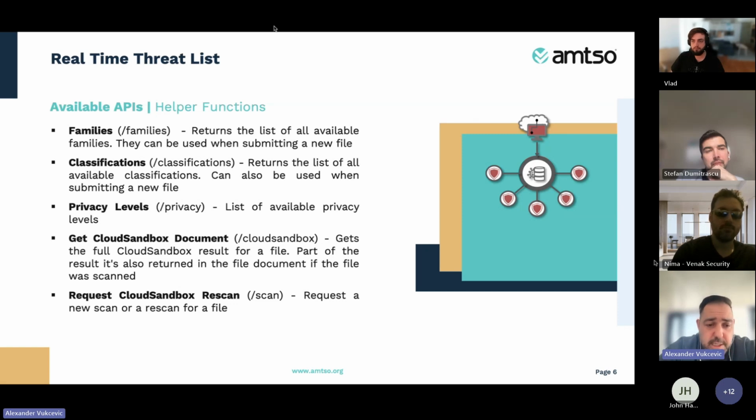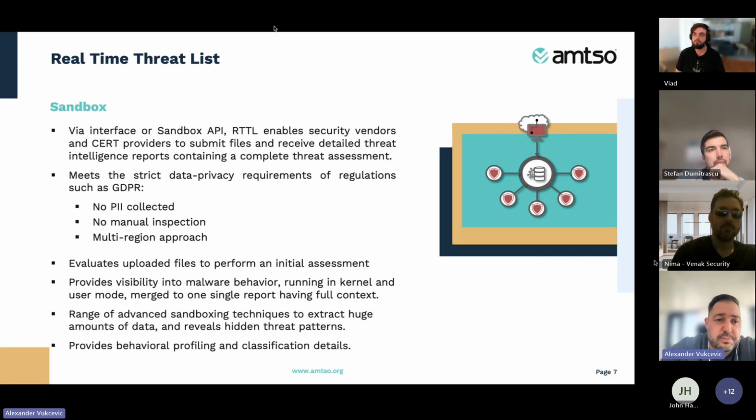Also, for existing samples that someone else already uploaded and for which no sandbox report is available, you can just trigger a scan or rescan of that sample. From the sandbox point of view, as I already said, it's controllable either via the interface or with the sandbox API.